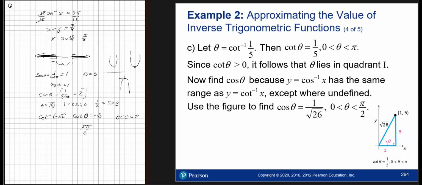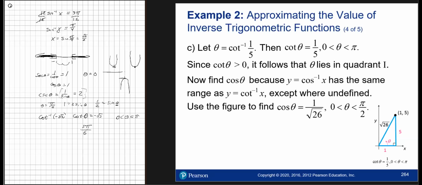Oh, I see what they did. Yeah, okay. So the cosine of this angle, no, this angle, well, the cosine of this angle and the cotangent of this angle, when you take the cotangent inverse, it's going to equal the cosine inverse of this.